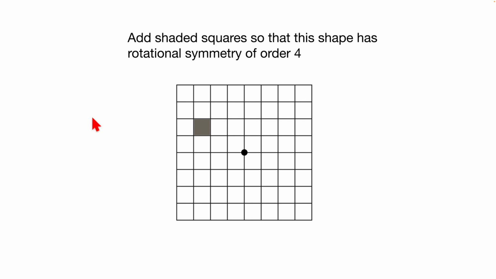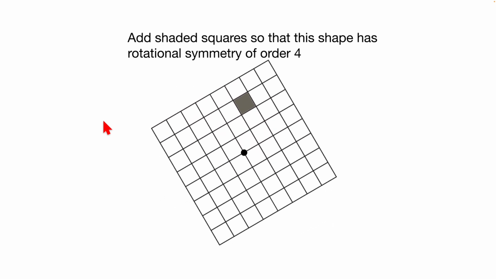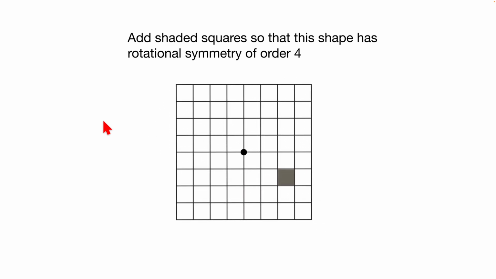Add shaded squares so that this shape has rotational symmetry order 4. This is more complicated. We know that goes down there, and we know that gives us order 2, but that's not enough, because if we just do that 90 degrees, it's not going to work.